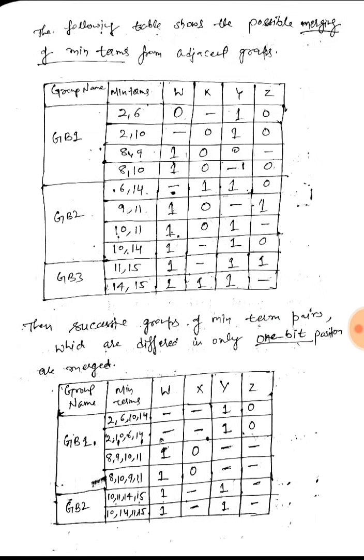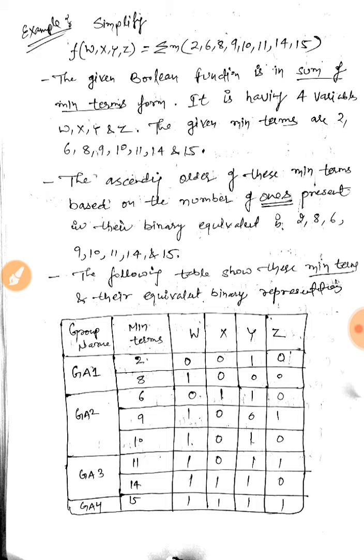In the next step, the following table shows the possible merging of minterms. Now I will merge the minterms where only one variable is changing, and I will compare group 1 with all other groups. First of all I will compare 2 with 6, 9, 10, 11, 14, 15.